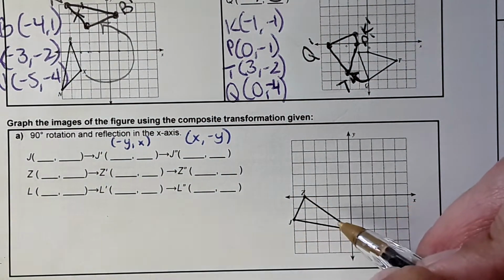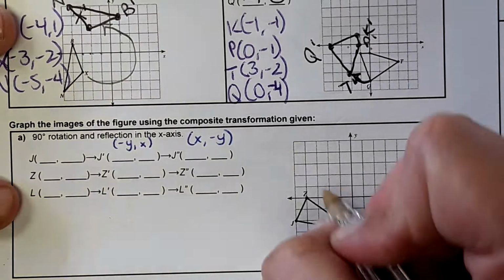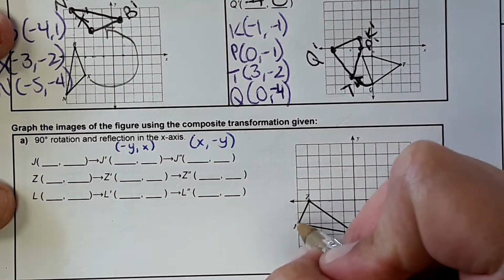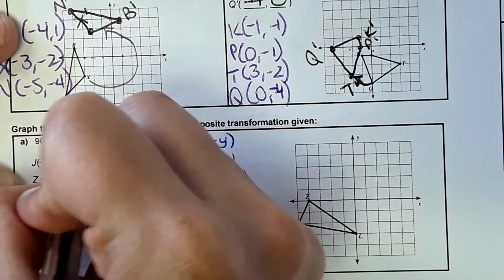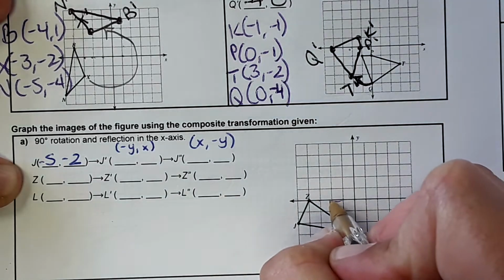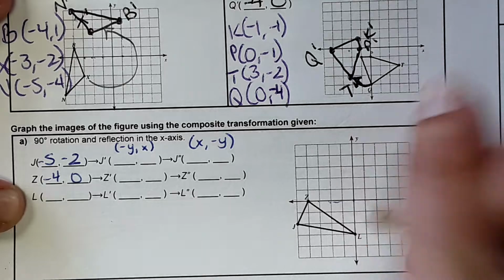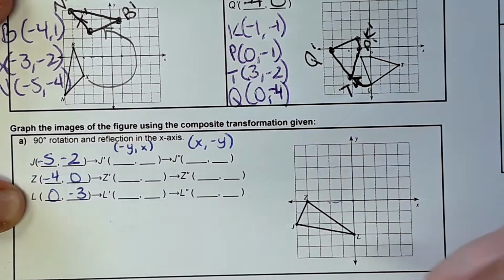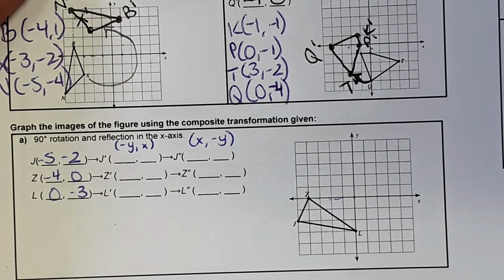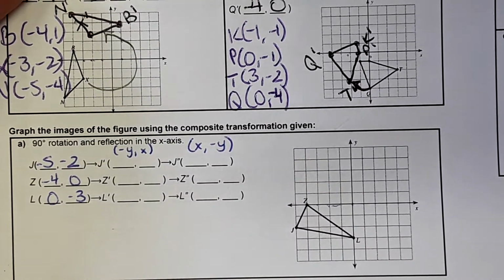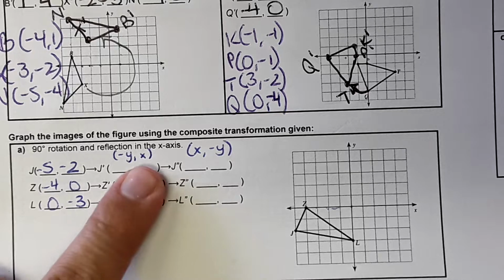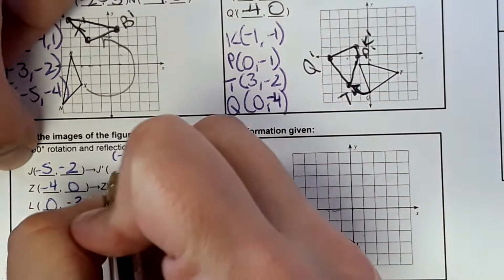I need to get the points off the graph for J, Z, and L. J is at -5, -2. Z is at -4, 0, and L is at 0, -3. Okay, so now I'm using my rule right here.